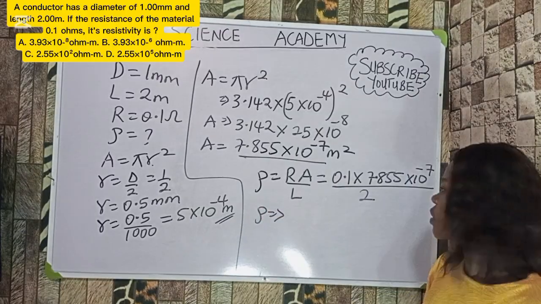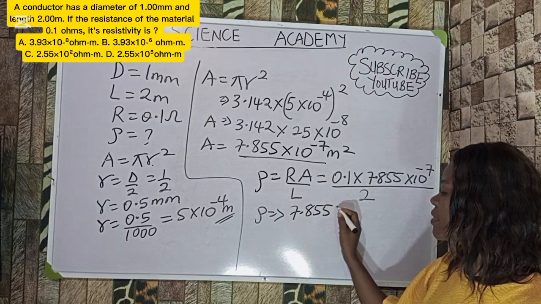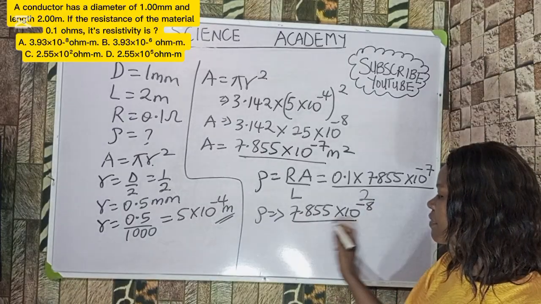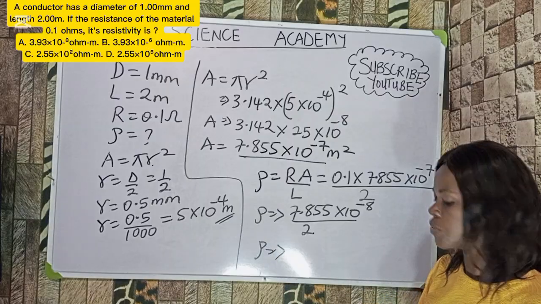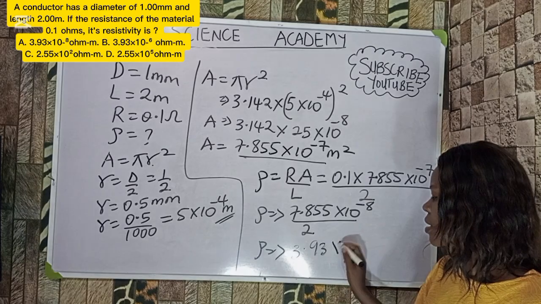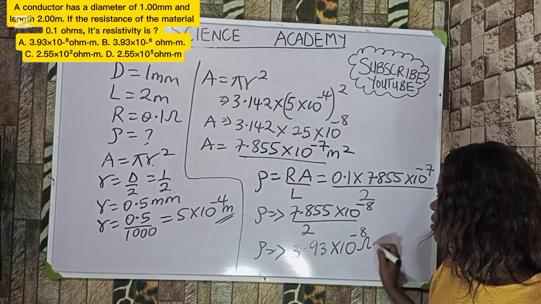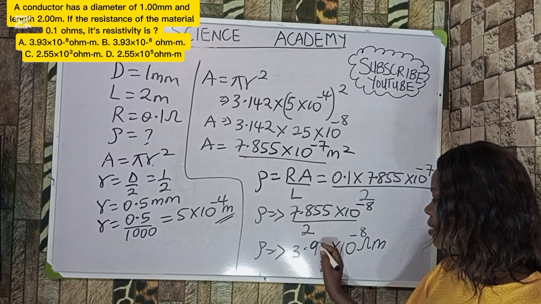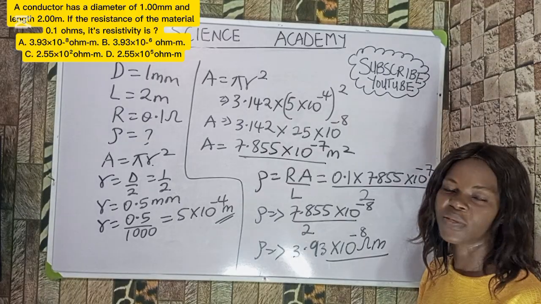This is going to give me 7.855 times 10 to the power of minus 8, divided by 2. And the answer is equal to 3.93 times 10 to the power of minus 8 ohm meter. Okay. Is that clear?